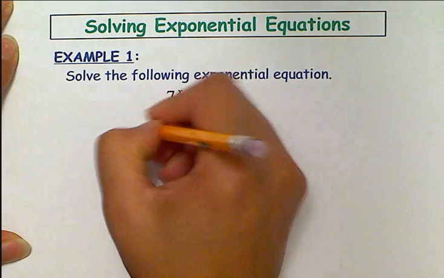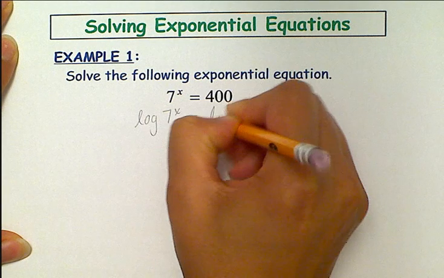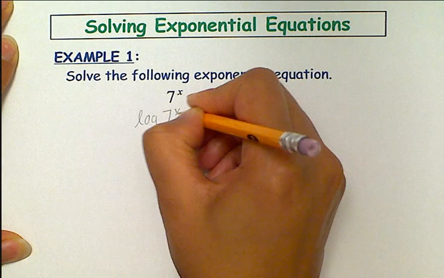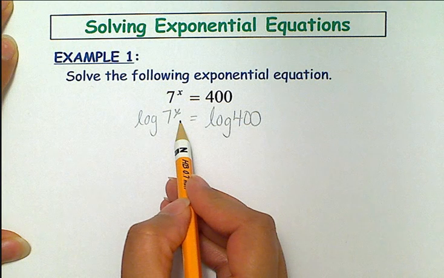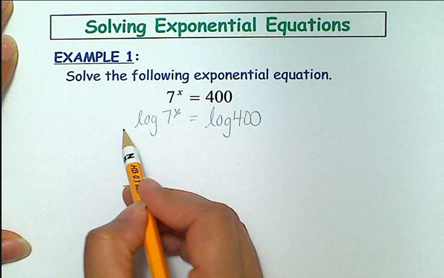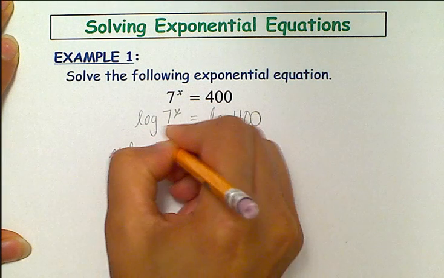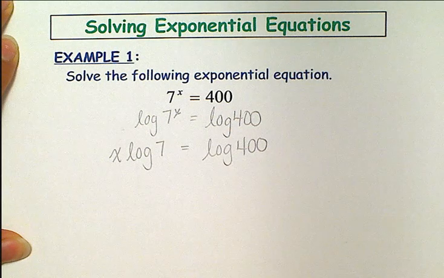And so I get log of 7 to the exponent x equals log of 400. Because the variable I'm looking for is in the exponent, I can use the power law of logarithms to bring the x down as a coefficient of the logarithm. And I get x log of 7 equals log of 400.